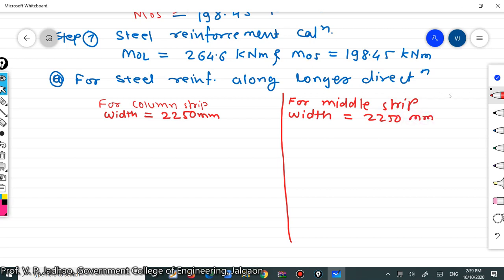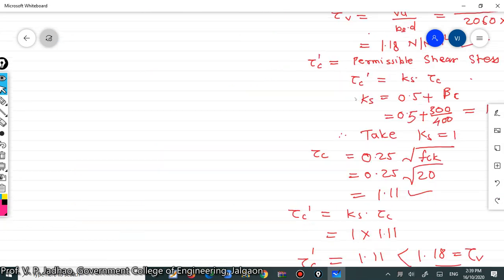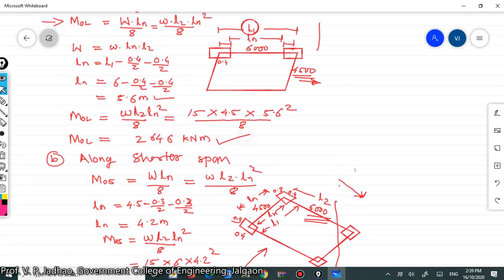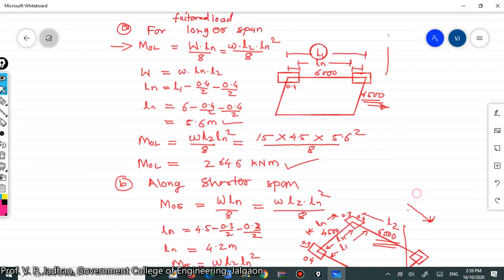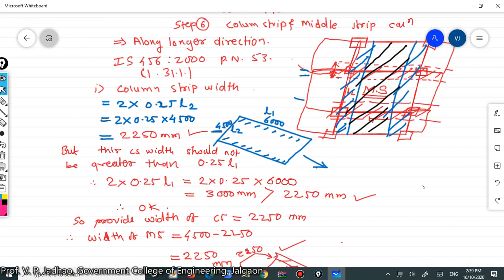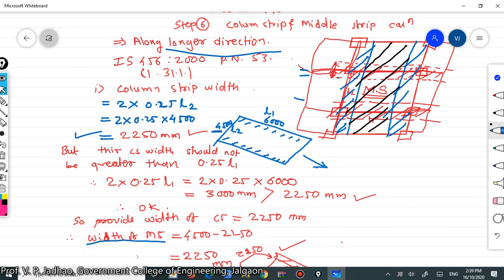This is from what we calculated earlier. We have calculated the width of strips along the longer direction: you can see here that the width of the column strip is 2250 mm and the width of the middle strip is again 2250 mm.